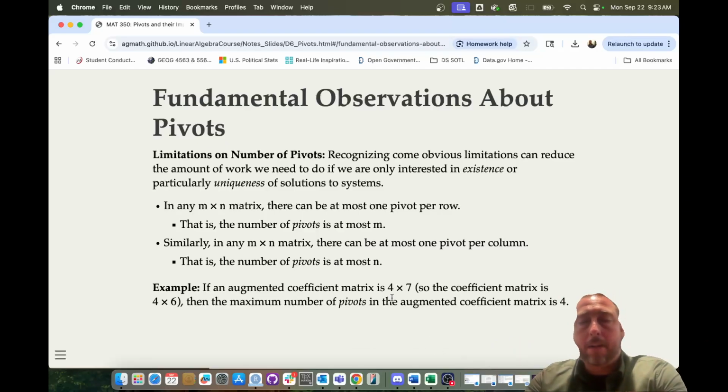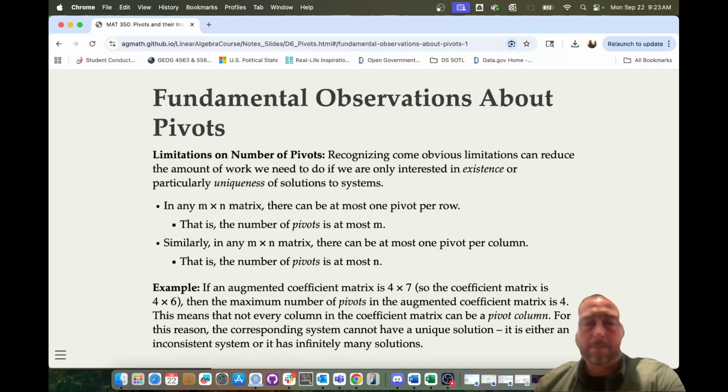For example, if I've got a 4x7 augmented coefficient matrix, and so the original coefficient matrix is 4x6, forgetting about that augmented column, the number of pivots in the augmented coefficient matrix at maximum is 4. I can have at most 1 per row and at most 1 per column. The row is the most limiting factor here. It's the smaller number. And so the maximum number of pivots is 4. And that means that either I'm going to have no solutions or I'm going to have infinitely many solutions.